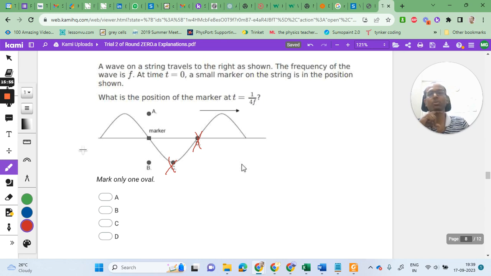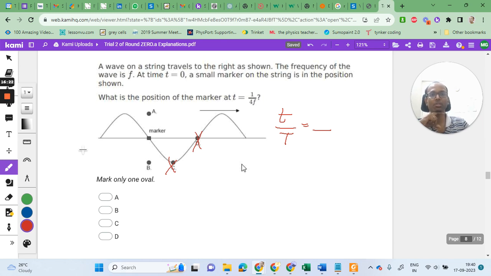And the wave is traveling forward. So you have this relation that as time passes for a single particle, the time which has passed is a fraction of the total time period of vibration of the particle, and the phase which it has covered. So one time period is considered to be one complete cycle of vibration, to and fro motion.